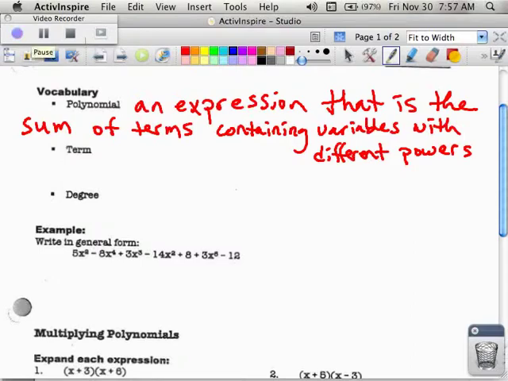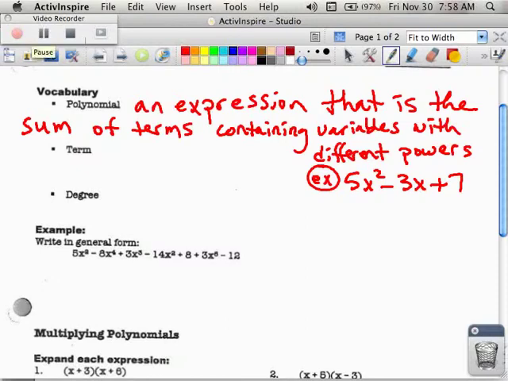So maybe it would be helpful to see an example of a polynomial. For example, something like 5x squared minus 3x plus 7 is a polynomial.